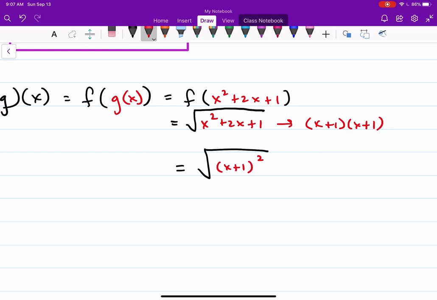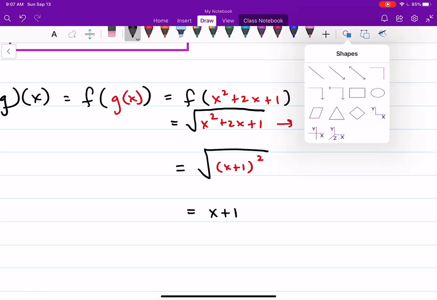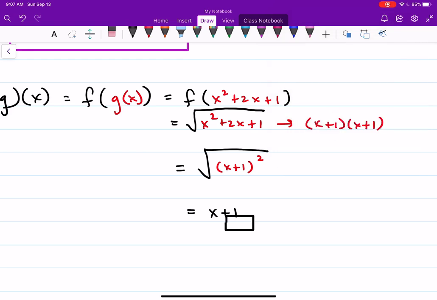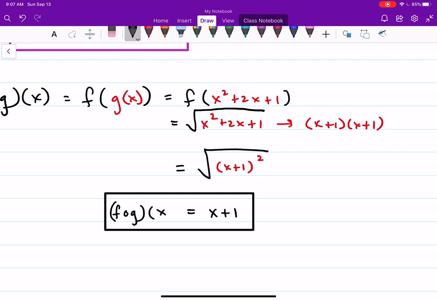What happens when I take the square root of a square? That's right. So what I'm going to actually have left is x plus 1 as my answer. Let me write that f dot g of x is equal to that. Okay, so that's my answer.